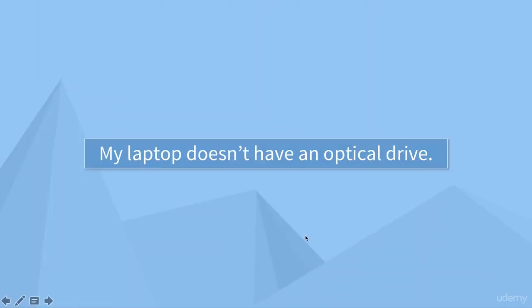The next sentence: my laptop doesn't have an optical drive. So exactly the same again as our last example. Subject, doesn't, verb 1. So where's the verb here? It's have. Doesn't have.